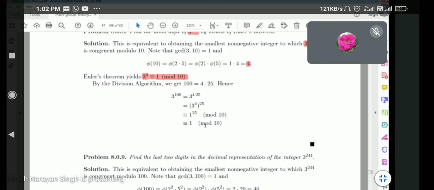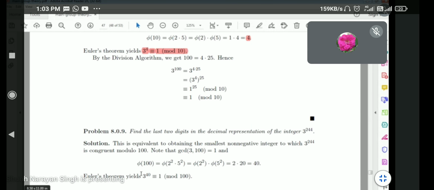That means when you divide this big number 3 power 100 by 10, you get the remainder 1, and that is your unit digit. 1 is the unit digit of 3 power 100.